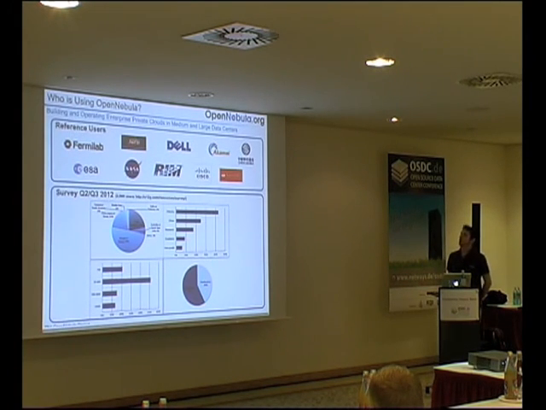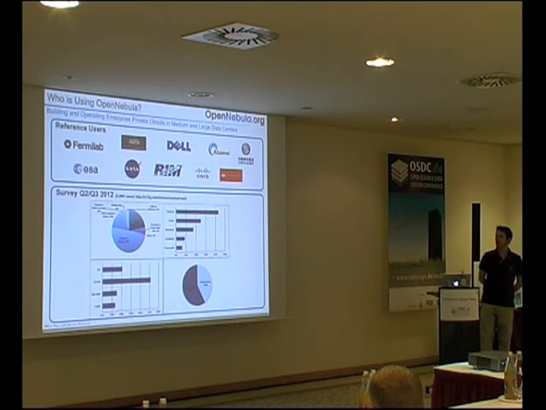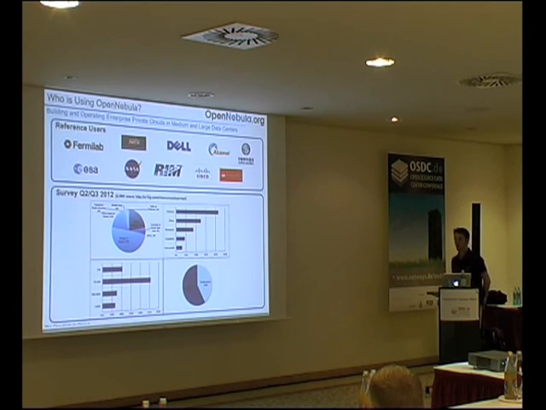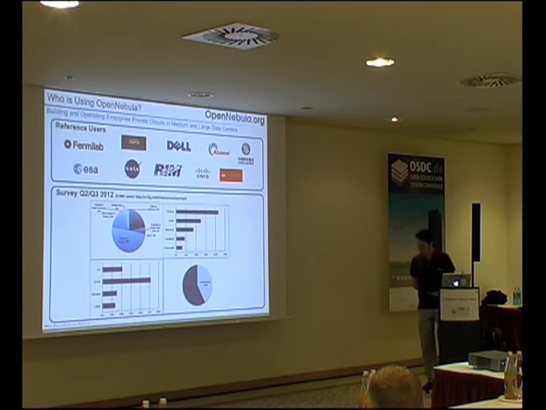Okay, so some information on who is using OpenNebula. There are a lot of reference customers that range from supercomputing centers like Fermilab or the European Space Agency, to banking entities like, for instance, Santander, and also big telcos like RIM, which is now called BlackBerry.